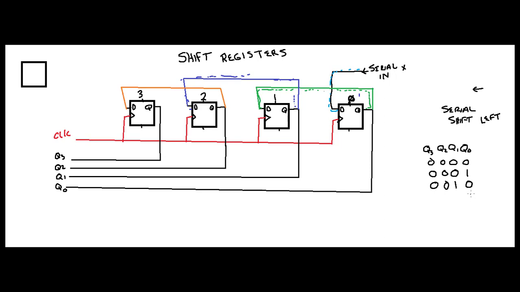Clock it again. 0, 0, 1, 0. Clock it again. 0, 0, 0, 1. Clock it again. 0, 0, 0, 0. You see, as you went through this, the 1 shifted to the left. That's why they call it a shift left.